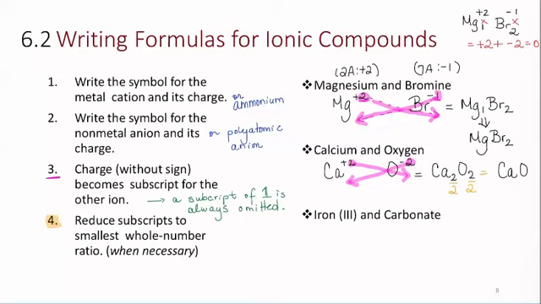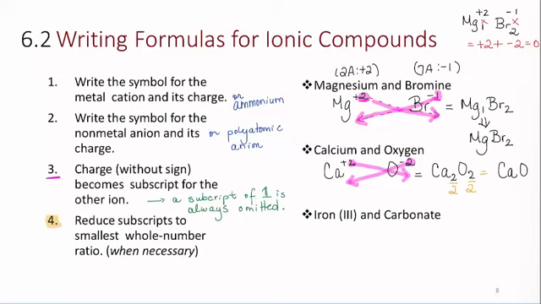Remember, if you live in 1A, 2A, or 3A, your group number tells you what's going to be your positive charge. But for group B, in parentheses, you need to be given what flavor of that transition metal we are working with, okay? So here we're working with iron 3.